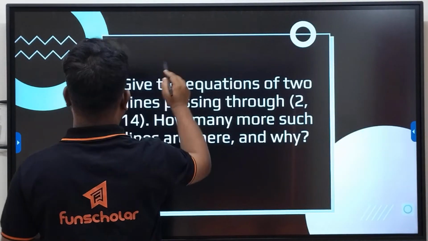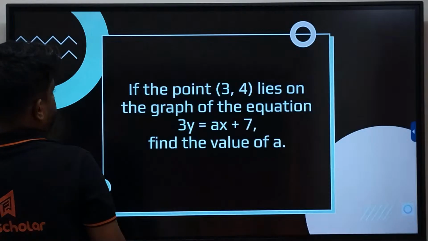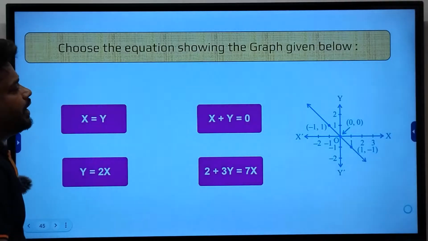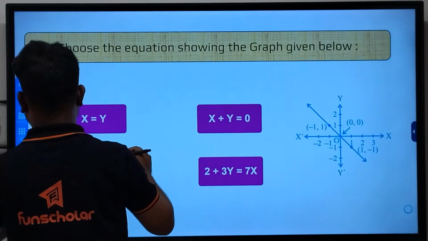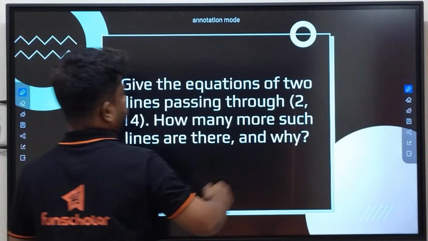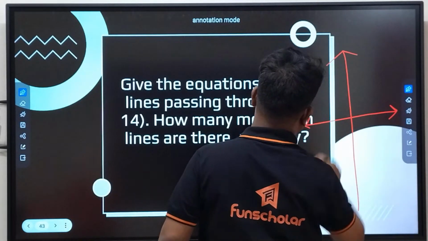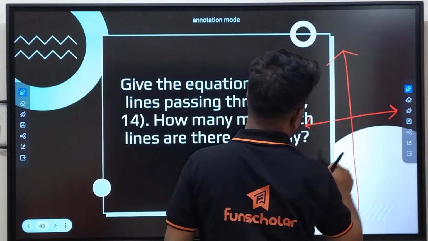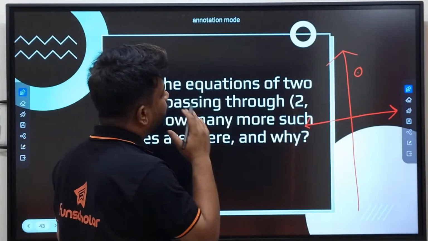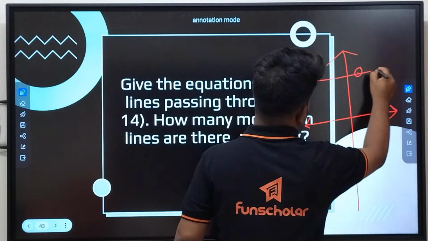So if I draw this graphically, the x and y axis will look like this, and this point may be 2, 14.